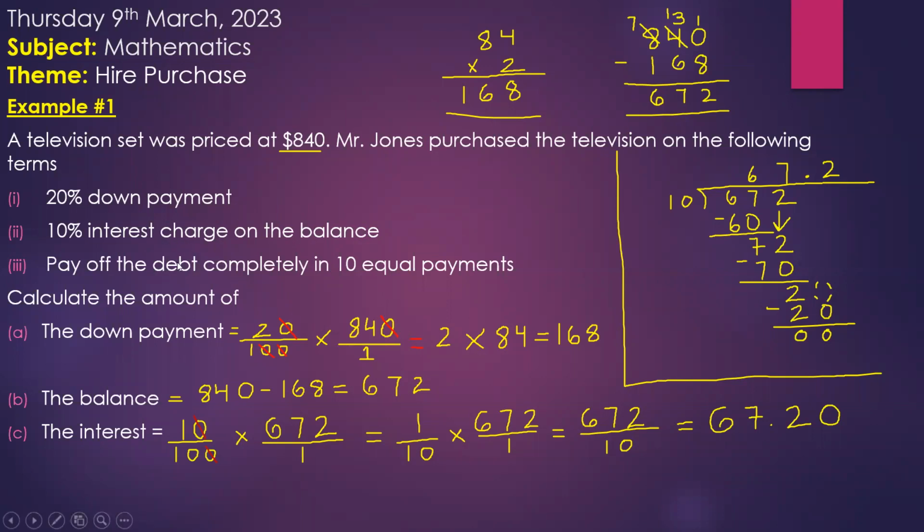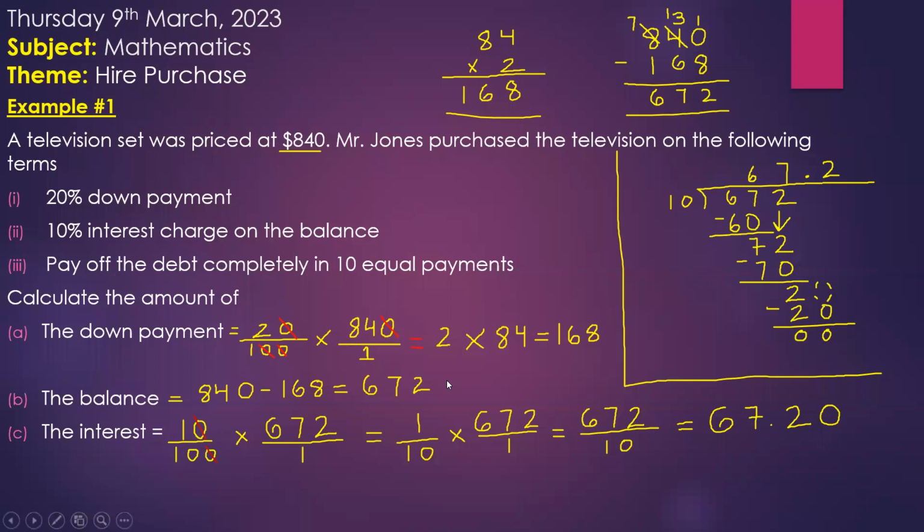We know that he had a balance. What was his balance? 672. That was his balance.